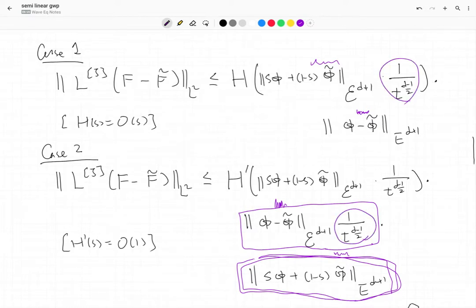Now if you integrate this from t equal to 2 to infinity, this gives you a constant coming out.